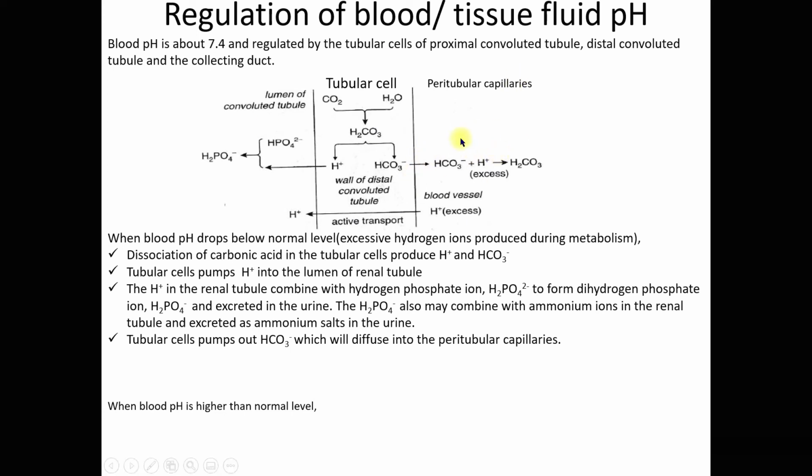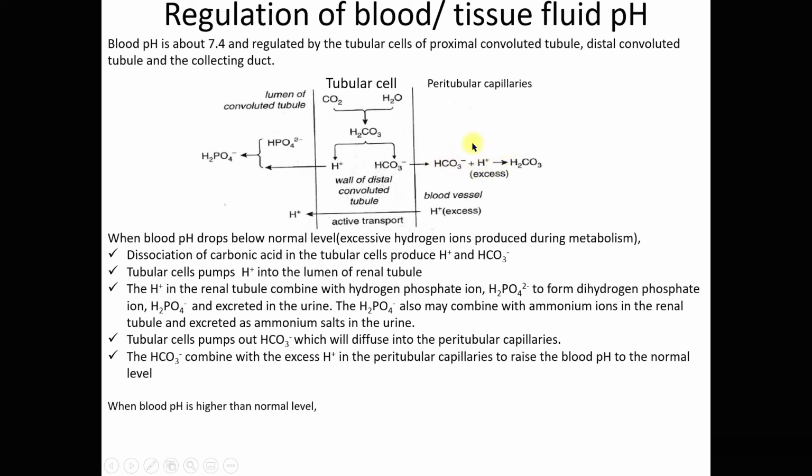You can see here, these are the hydrogen carbonate ions that were pumped out from the tubular cell and then diffused into the peritubular capillaries. These hydrogen carbonate ions will combine with the excess hydrogen ions in the blood, and this will raise the blood pH to the normal level.